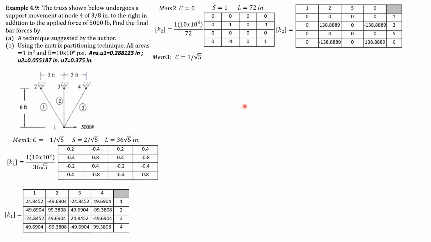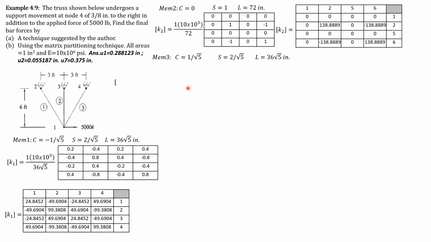Number 3, cosine is, this is up to the right, so its cosine is the positive of cosine for member 1, because they have the same slope. So positive 1 over square root of 5, sine is 2 over square root of 5, the length is the same, 36 square root of 5.